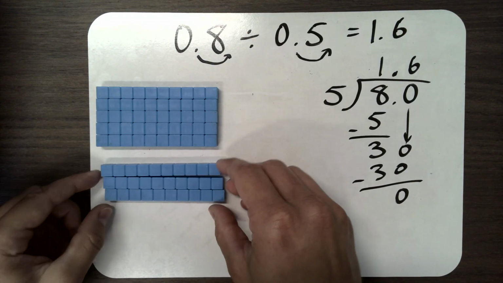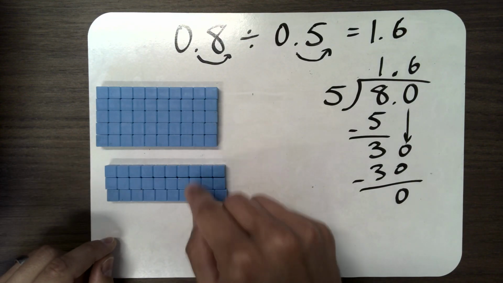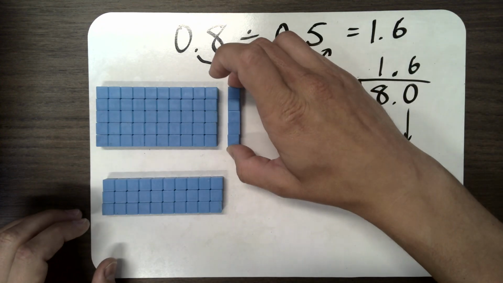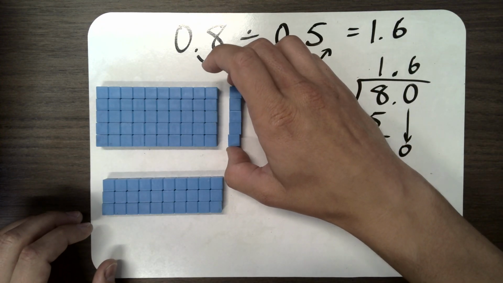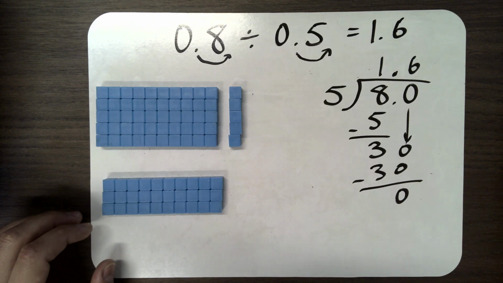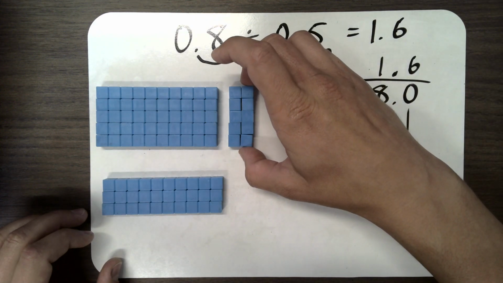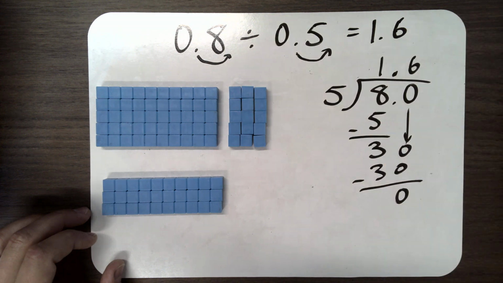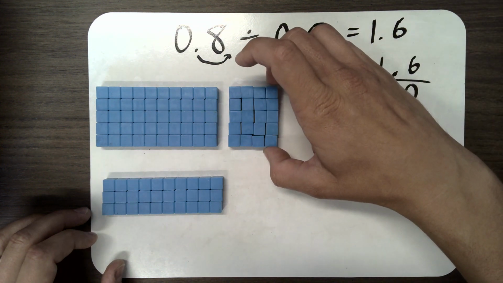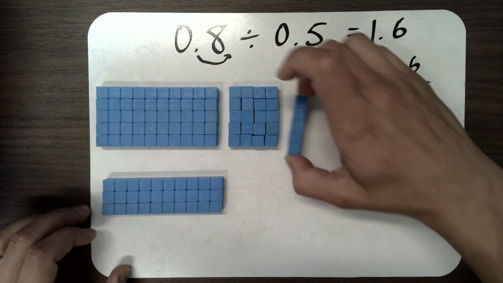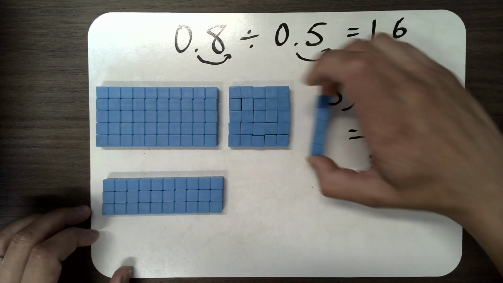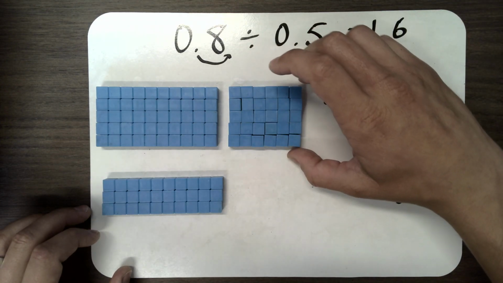Okay, so I'll need to decompose these since I can't break these apart, but I have 3/10 or 30 hundredths. Okay, so there's 5, 10, 15, 20, 25, and then 30.